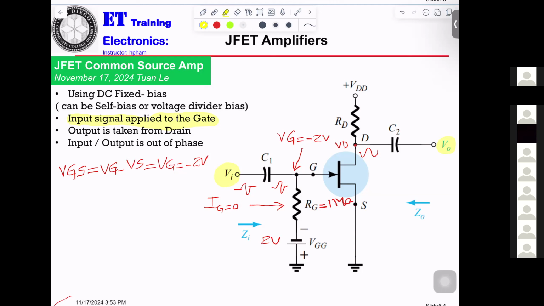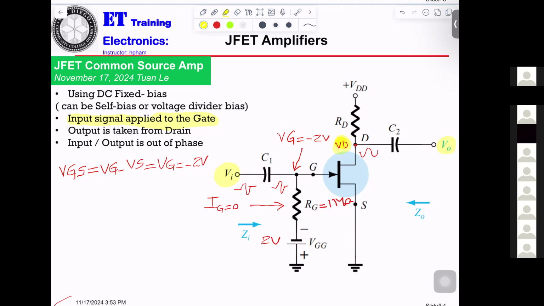And for the speaker, you don't want any VD, DC. You want only the sine wave. So that's why we need capacitor C2 to block VD and allow only the sine wave coming out to the output. Okay?